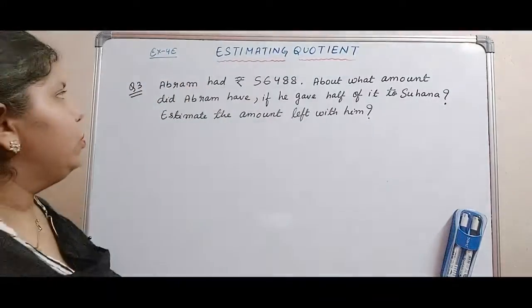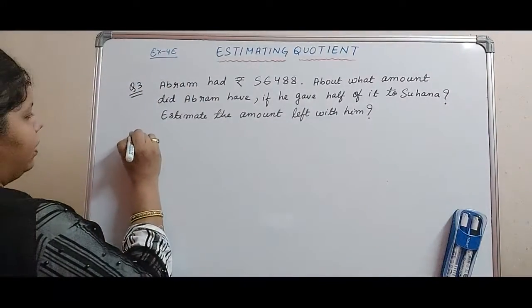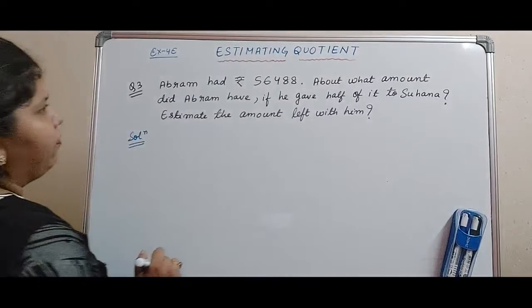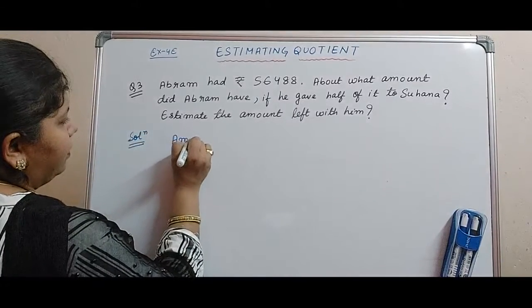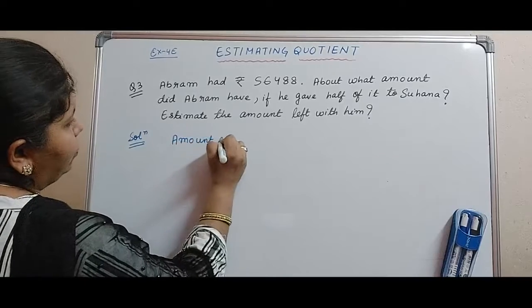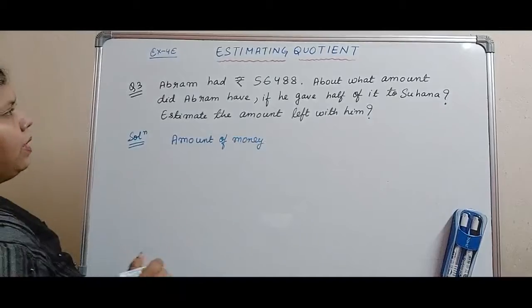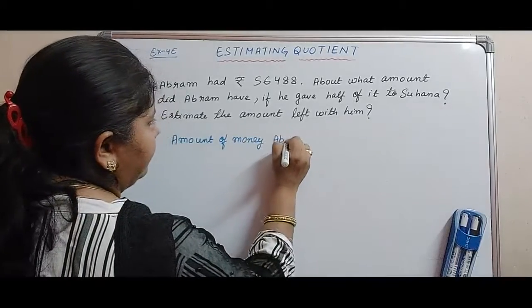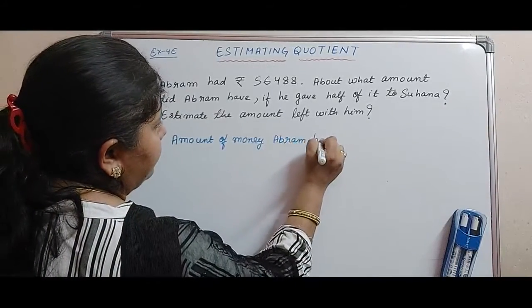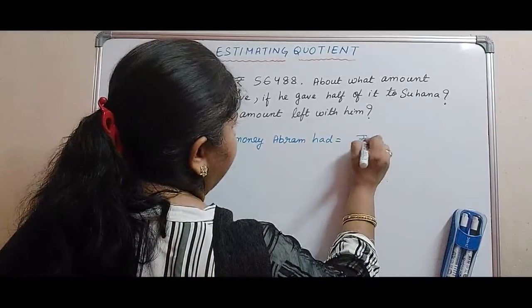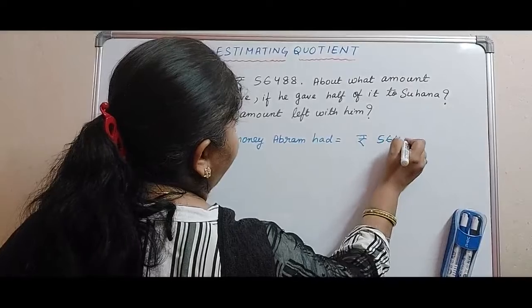Our solution: the amount of money Abraham had is equal to rupees 56,488.